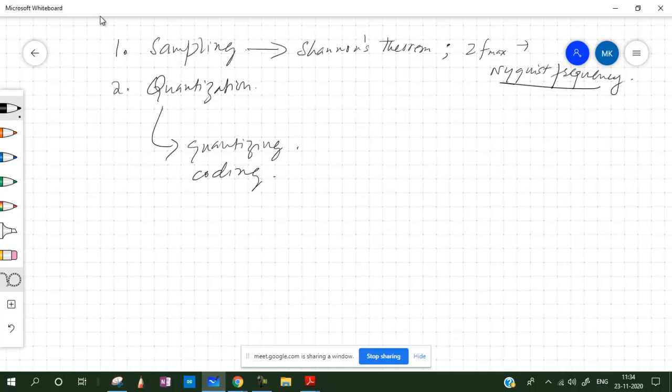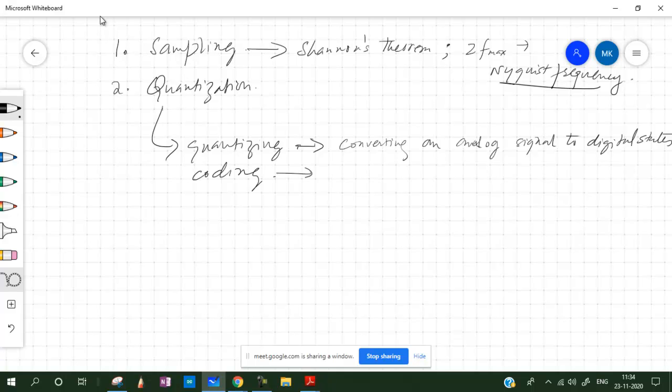All right. So here quantizing is again converting an analog signal to digital states.